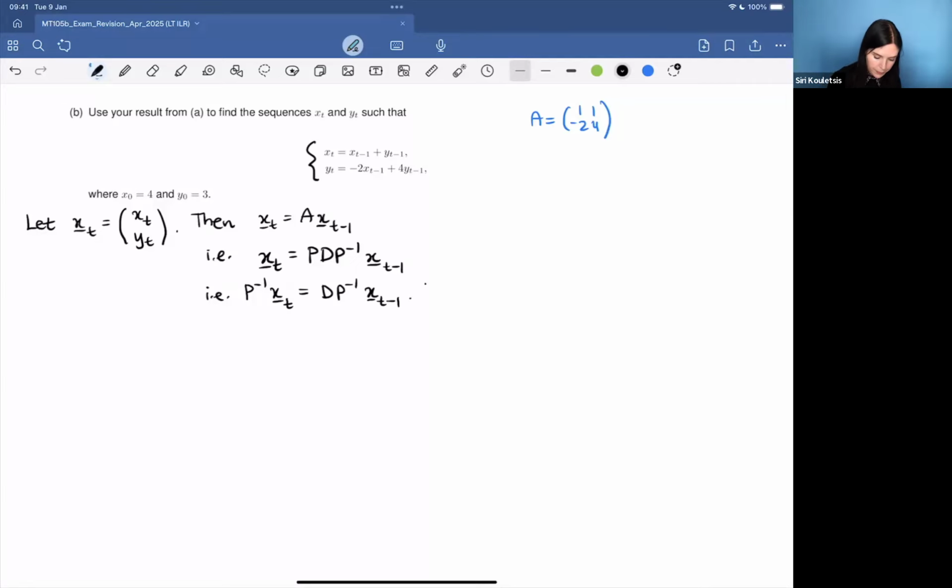And now we can let xt equal P times ut, then ut equals P inverse xt.